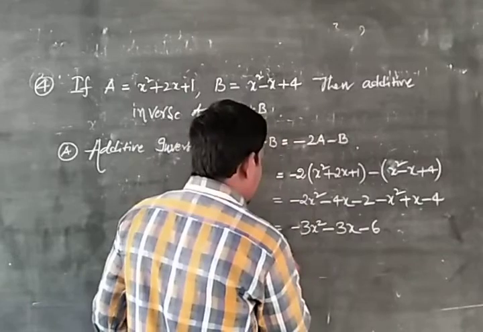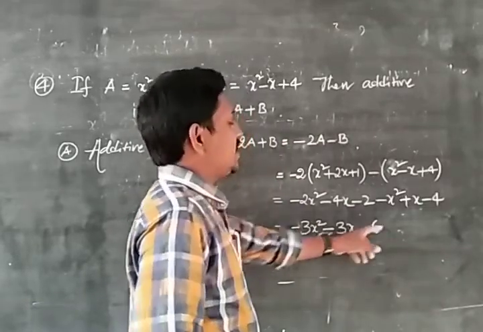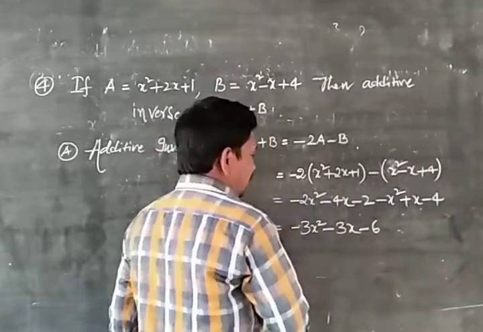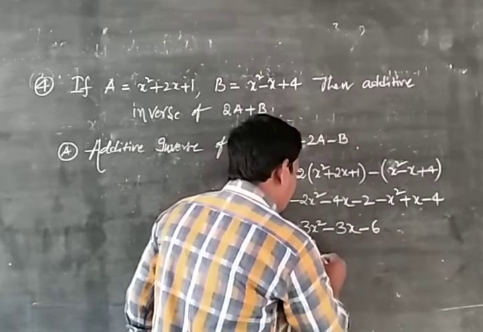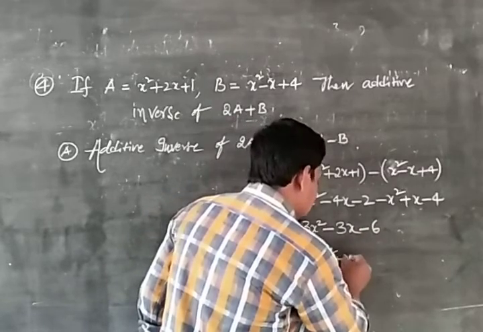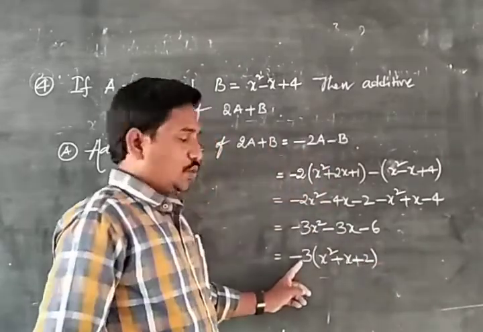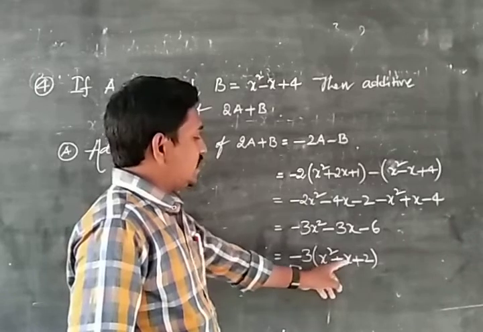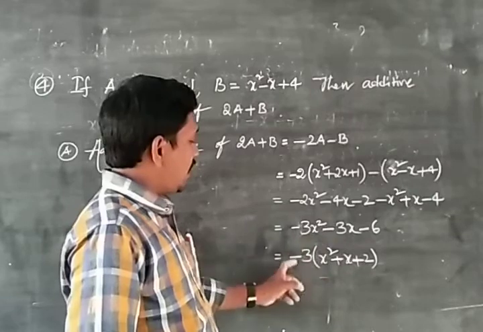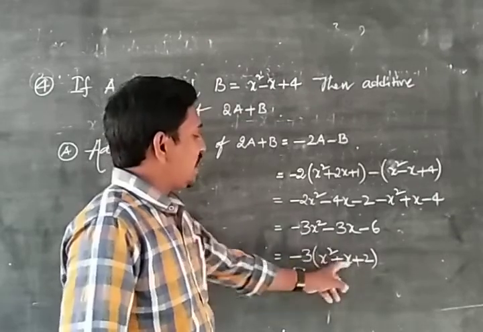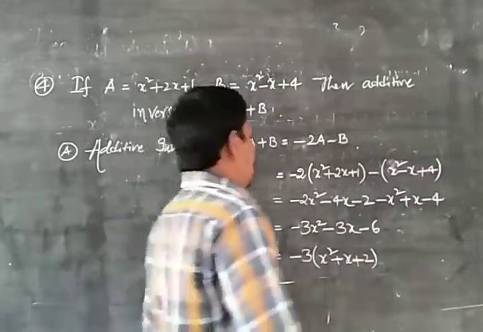You can write it as minus 3x square minus 3x minus 6. Minus 3 is the common factor: minus 3 into x square plus x plus 2. Why? Because minus 3 into x square is minus 3x square, minus 3 into x is minus 3x, and minus 3 into 2 is minus 6.